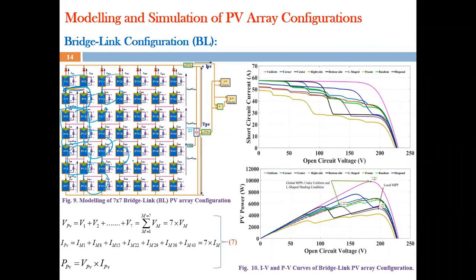So why are they doing the bridge? The reason is they will ensure that the currents are equal. Here you see the current flowing through I1 and I8 will be the same.